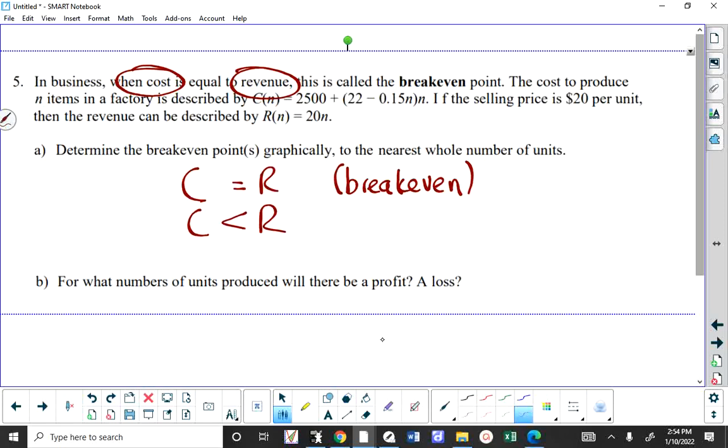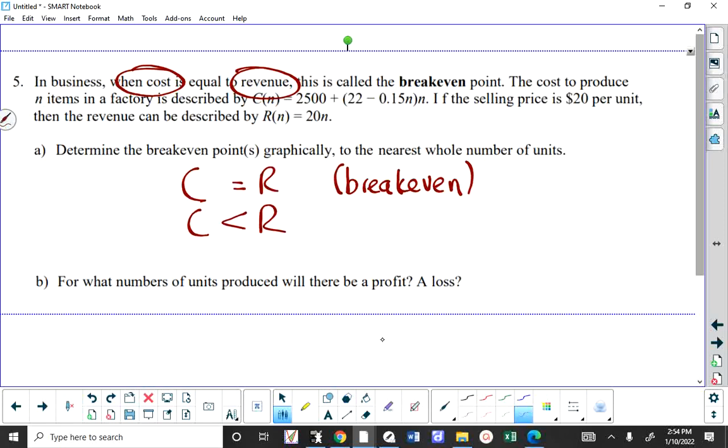Think about that for a second. How would you describe a situation where the cost is smaller than the revenue? Actually, no, it's a profit. This is saying your revenue is more than your cost.